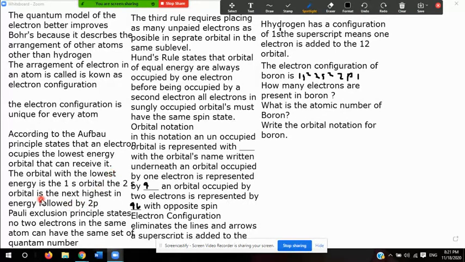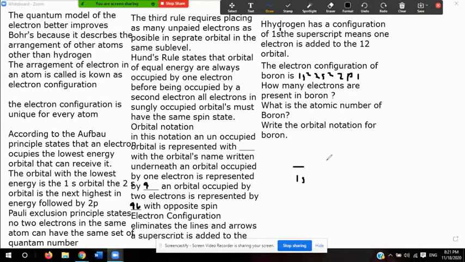It says that the orbital with the lowest energy is the 1s orbital, and the 2s orbital is the next highest in energy, followed by 2p. So basically, what this is stating is that we have 1s, which is the lowest one.